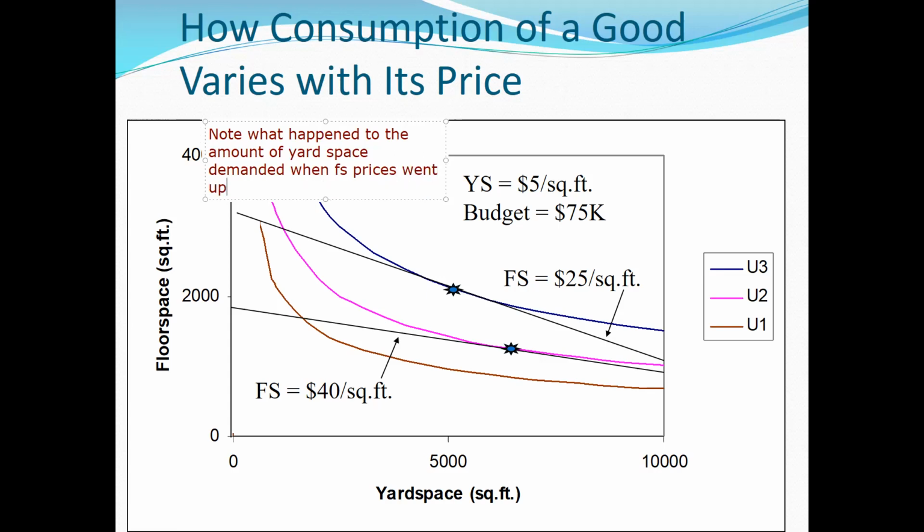Now, do you notice what happened? Tell me what happened as the price of floor space went up. What happened to the amount of yard space demand? Did it remain the same? Did the amount of yard space remain the same when the price of floor space went up?